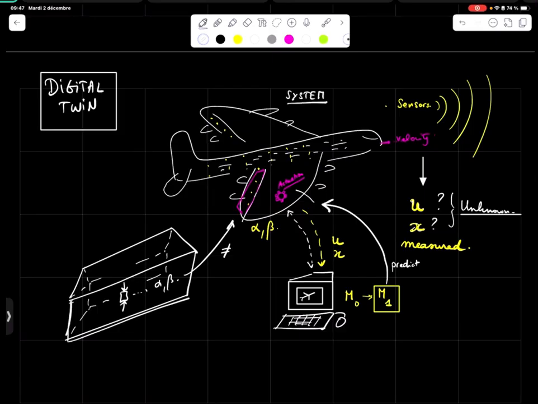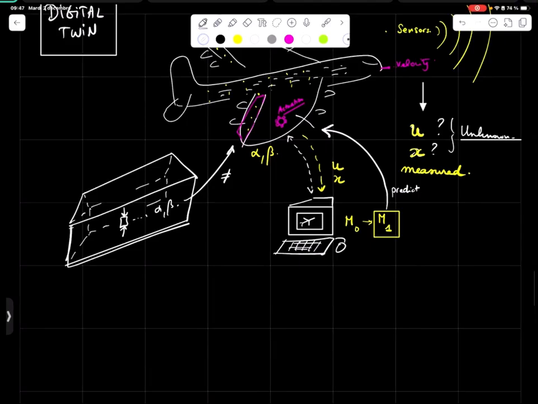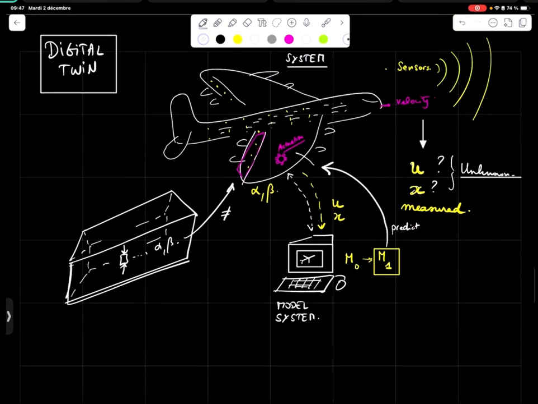It is living its own life, and in parallel, this is the model of the system that is living also its own life. But now, every time something happens to the real system, the model system learns about it and can be updated. And you can imagine applications of that in any field, really, that you're interested in looking at.